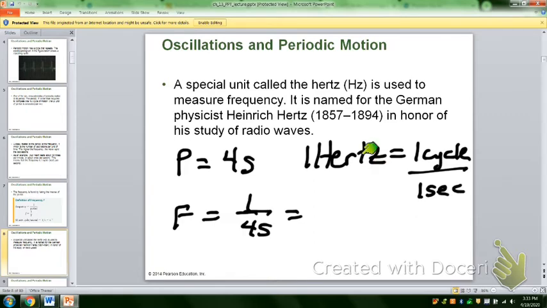The heartbeat is a great example, because the average heartbeat is around 1 beat per second, and so it has a frequency of 1 hertz. In this case the yo-yo has 0.25 hertz as its frequency, because 1/4 is the same thing as 0.25.